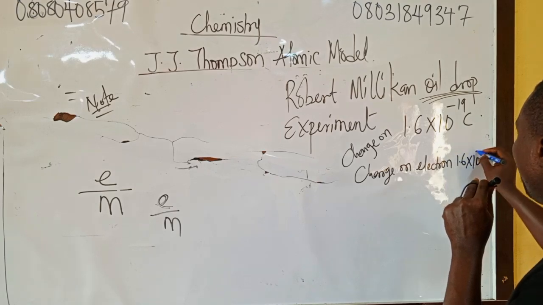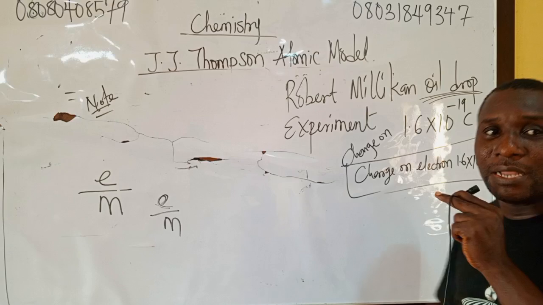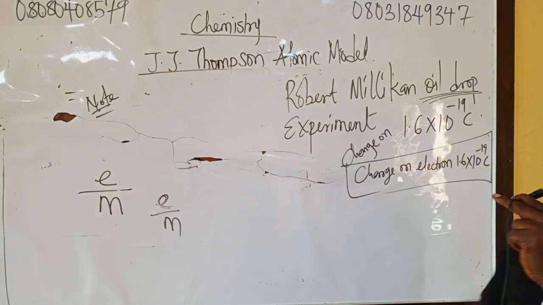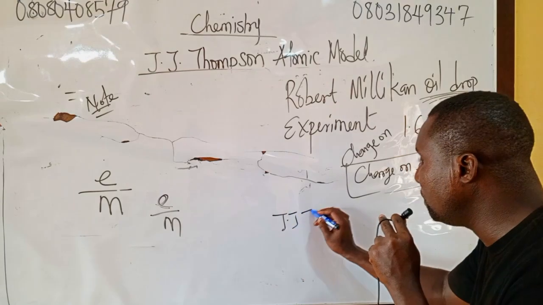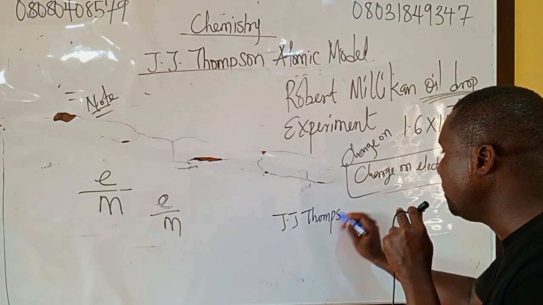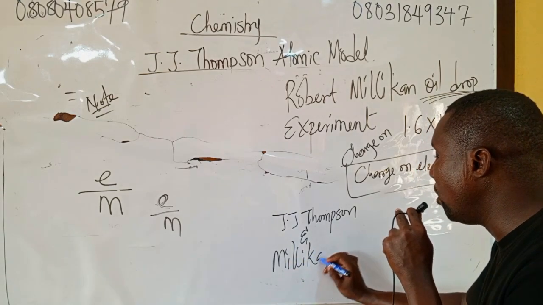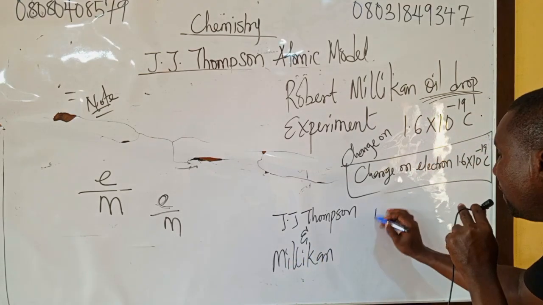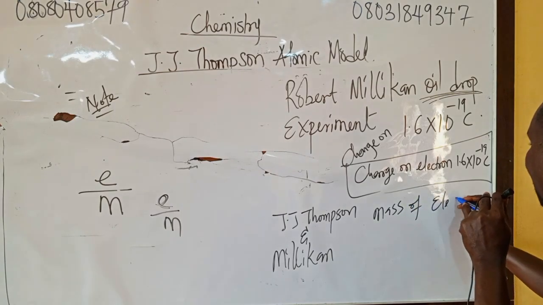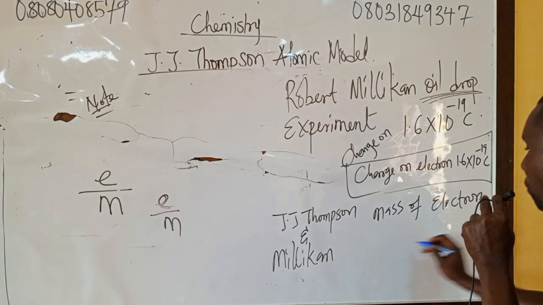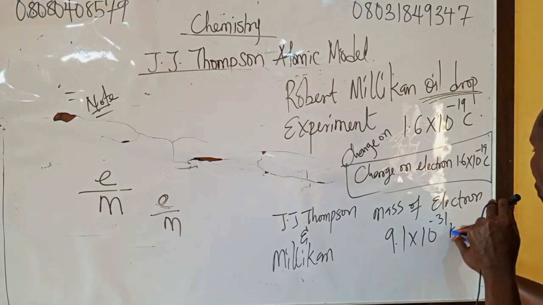1.6 times 10 raised to the power minus 19 coulomb. This charge on the electron was discovered by whom? Robert Millikan, using what? The oil drop experiment. Then Thompson and Millikan, they both discovered the mass of the electron, which is 9.1 times 10 raised to the power minus 31 kilogram.